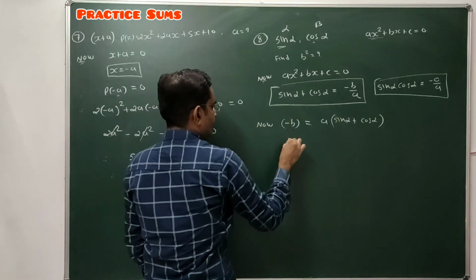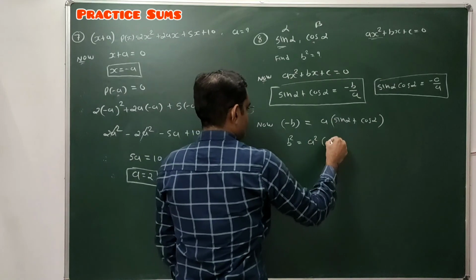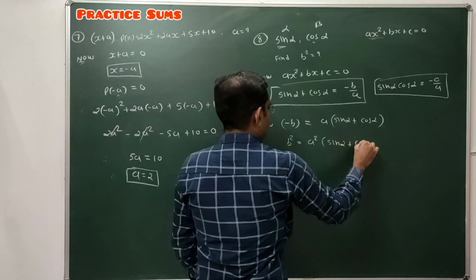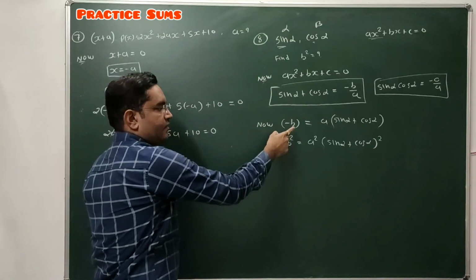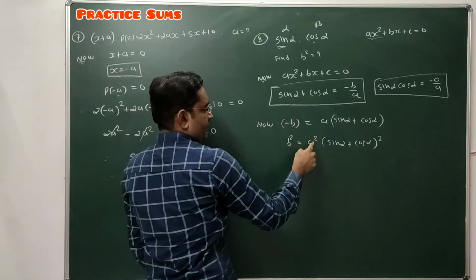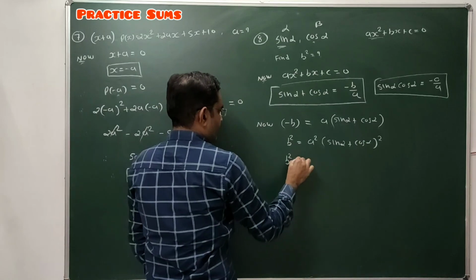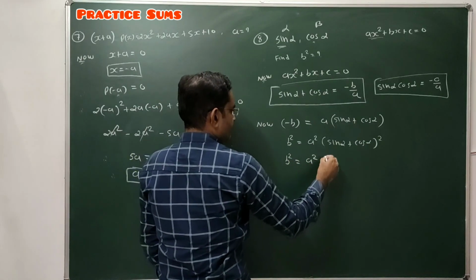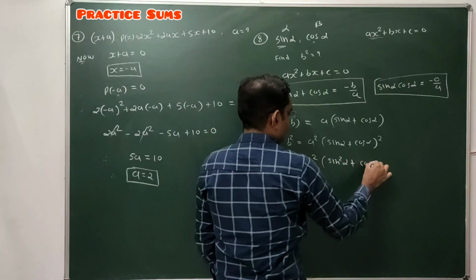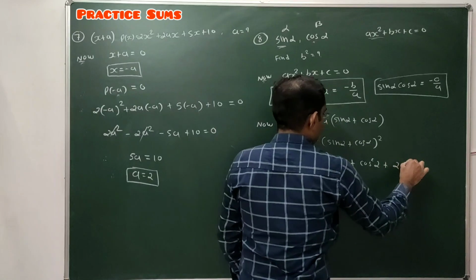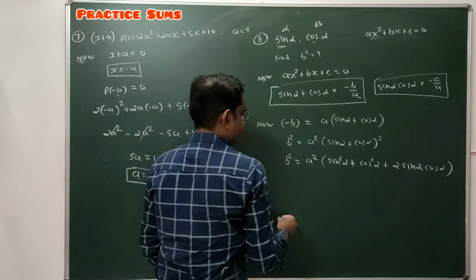Now taking the square on both sides, minus b will convert into b square. This will be a square into sin alpha plus cos alpha whole square. So b square equal to a square into sin square alpha plus cos square alpha plus 2 sin alpha cos alpha.